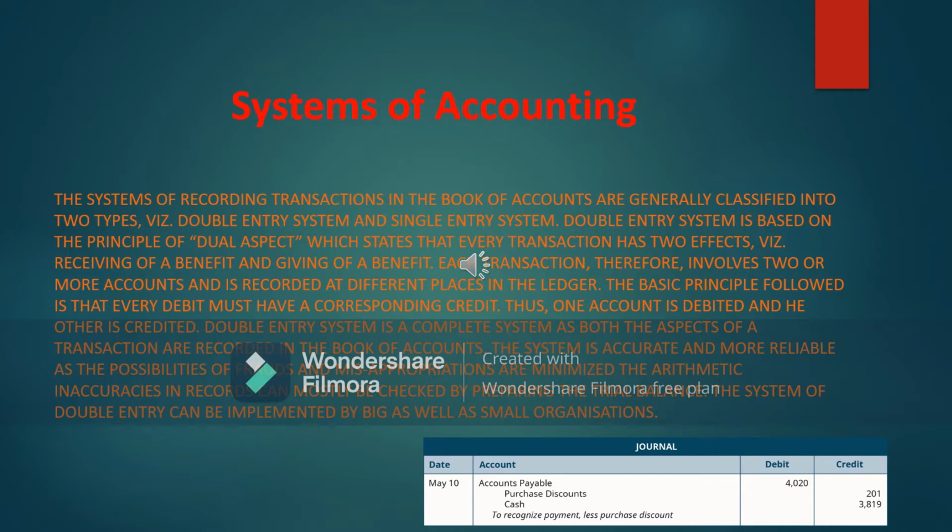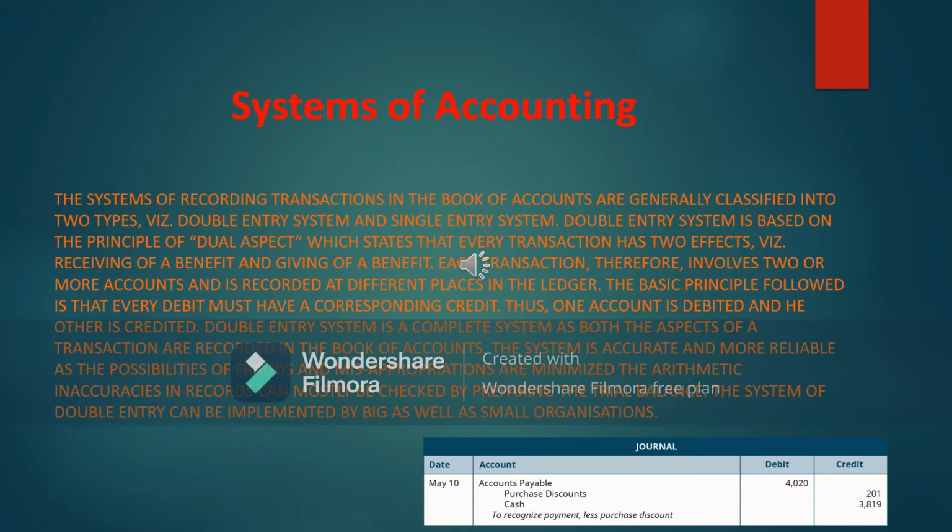The double entry system is a complete system, as both aspects of a transaction are recorded in the books of accounts. This system is accurate and more reliable because we record each and every transaction, and the possibilities of frauds and misappropriations are minimized. In this example, accounts payable 4020, purchase discounts and cash, debit and credit both sides are equal, so there is no arithmetic inaccuracy.